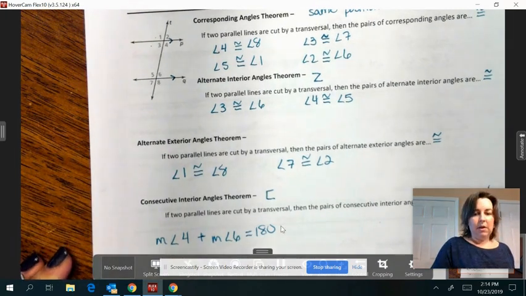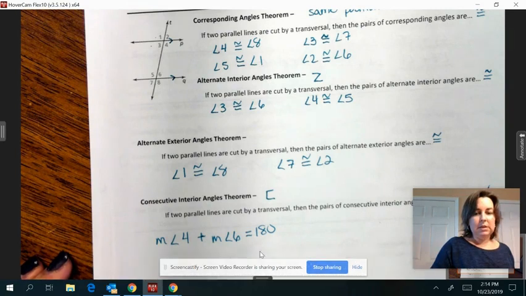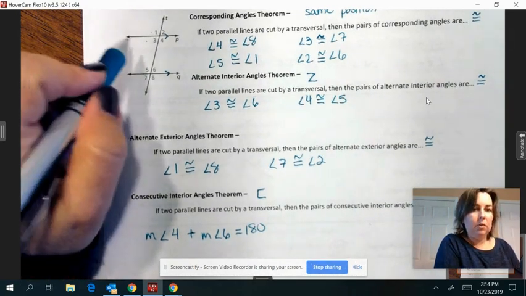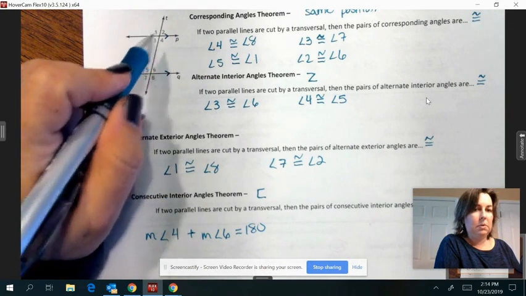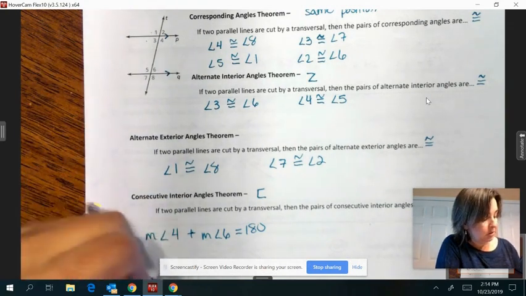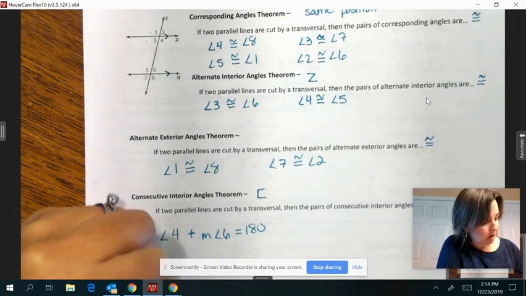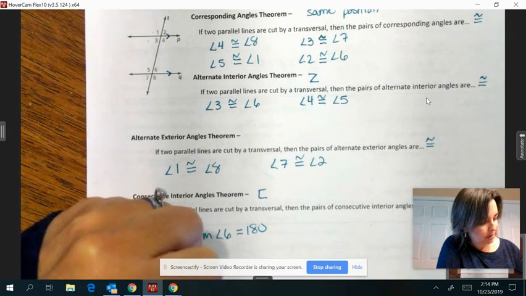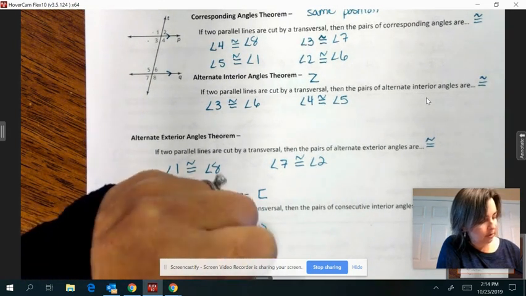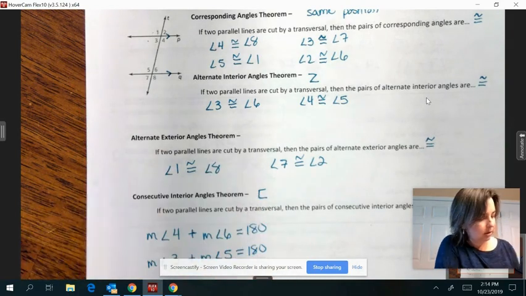And then we can also have a backwards C over here. These two are not equal to each other, they're supplementary. So the measure of angle 3 plus the measure of angle 5 is 180.